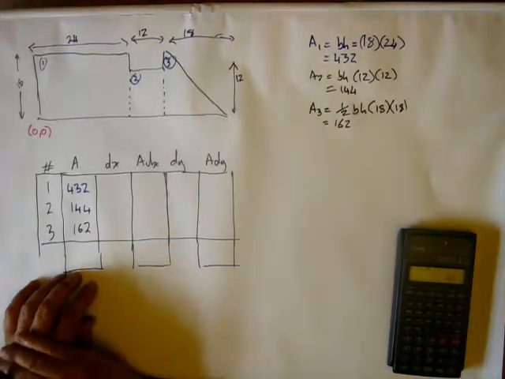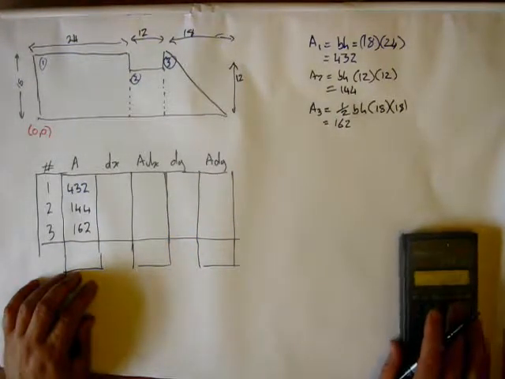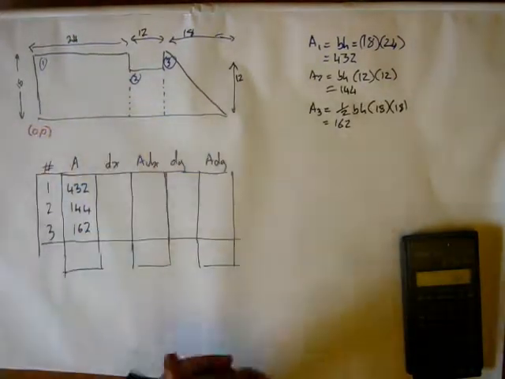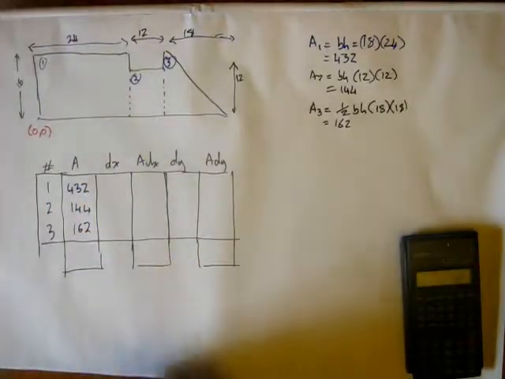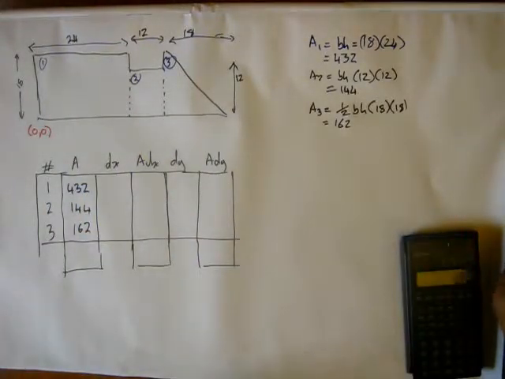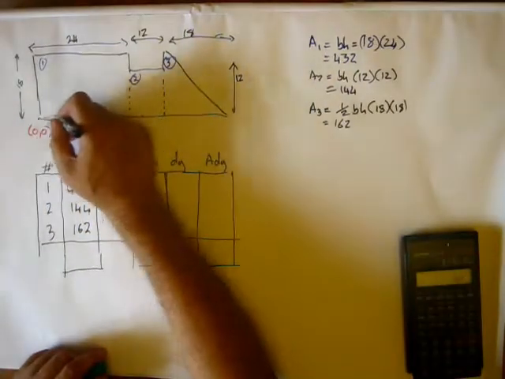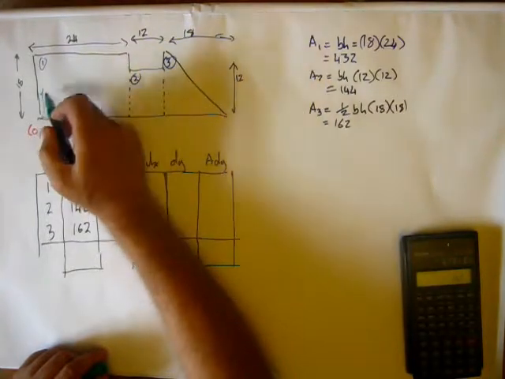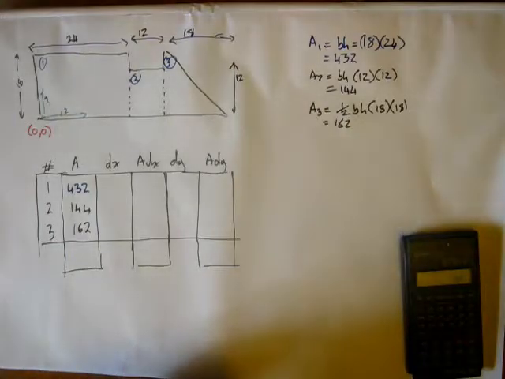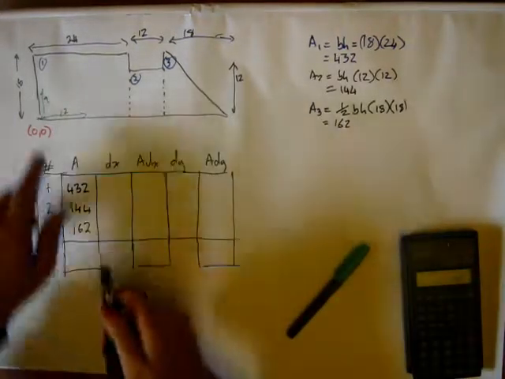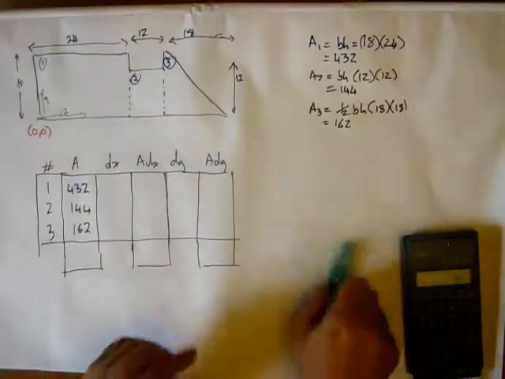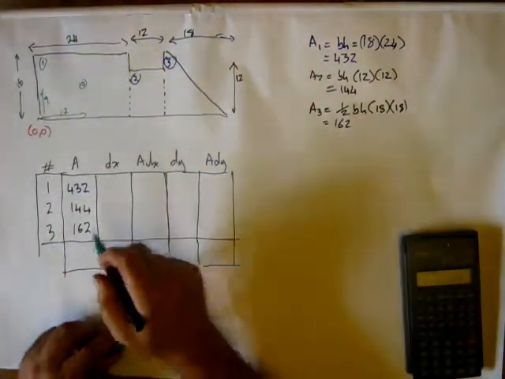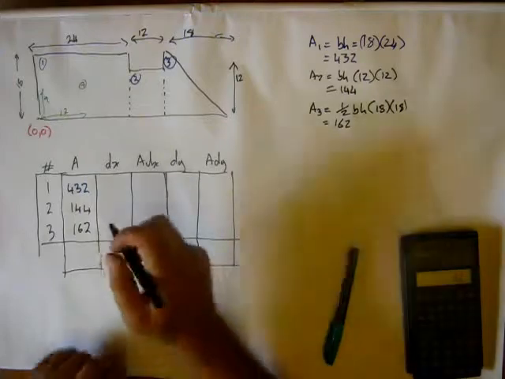Okay, and then we had to find the distance from 0, 0 to the centroid of each shape. So this one here is going to be half along, half up, so that's going to be 12 and 9. So the distance to the centroid of shape 1, I just did it in green, is going to be 12 along.